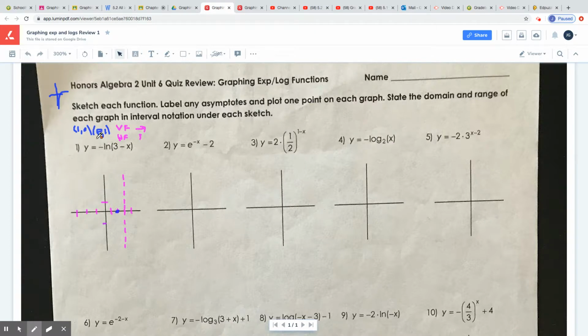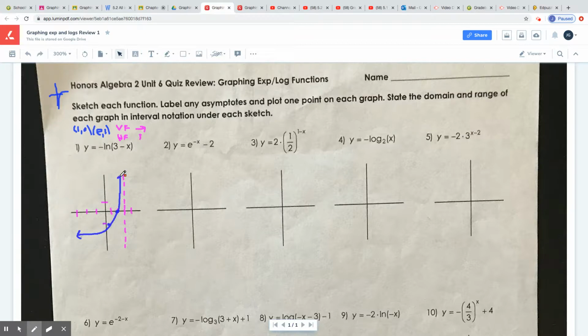So when you have a vertical and horizontal flip, you change both sides here. So I'm at negative e, negative 1, and then I have to add 3, which, if it's at negative 2.78, puts me on the positive side, right around in here. Like I said, it doesn't have to be close to being exact. The most important thing is that you label the 2 points.